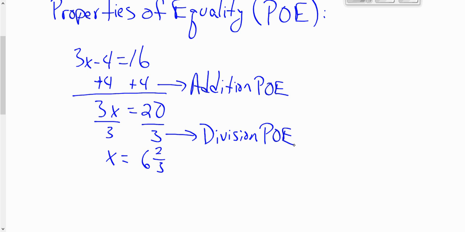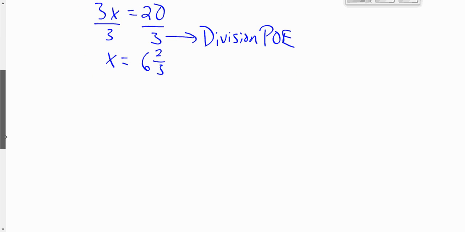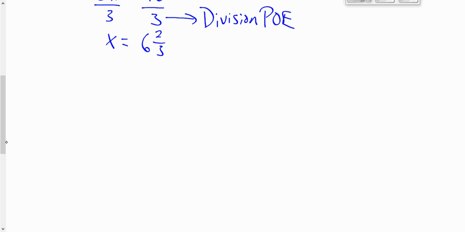Okay. So if this is a property of equality that we did, it's valid, and we just justified dividing both sides by 3 because we know it's an equality, right? Or maybe I have an equation that has x over 4 plus 5 equals 8. Of course, here we would subtract 5 from both sides, yeah?